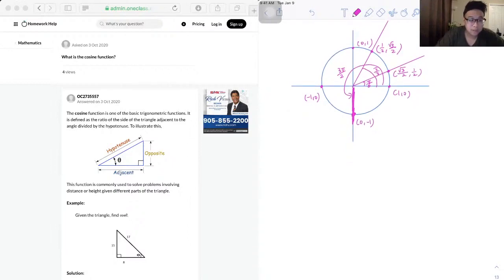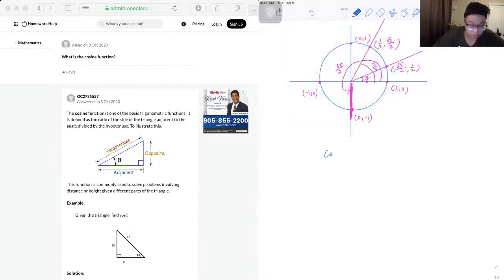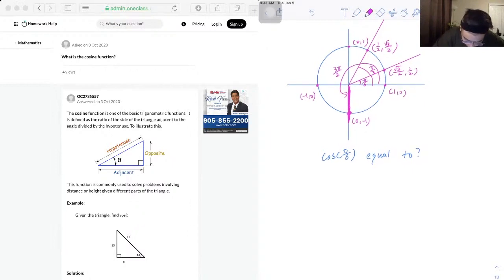So by knowing this, let's figure out what is the cosine pi over 6 equal to. So we can just directly observe from the unit circle that the angle pi over 6 has an x coordinate of root 3 over 2 and a y coordinate of 1 over 2, which is right here.